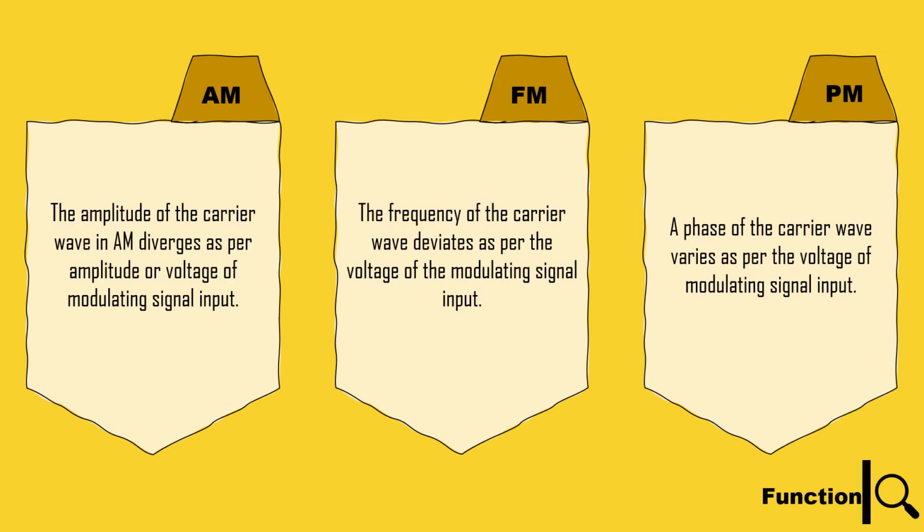For the functionality, in AM, the amplitude of the carrier wave diverges as per the amplitude or voltage of the modulating signal input. In FM, the frequency of the carrier wave deviates as per the voltage of the modulating signal input, while for phase modulation, the phase of the carrier wave varies as per the voltage of the modulating signal input.